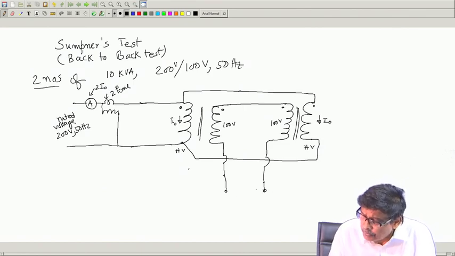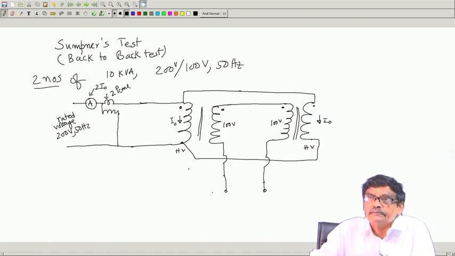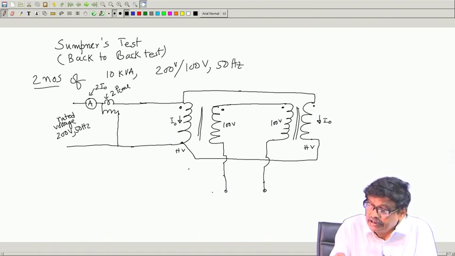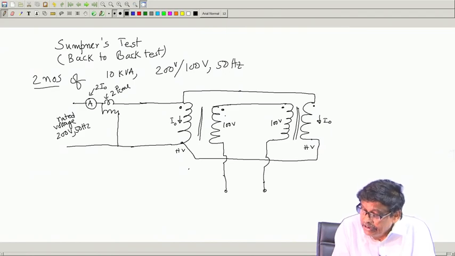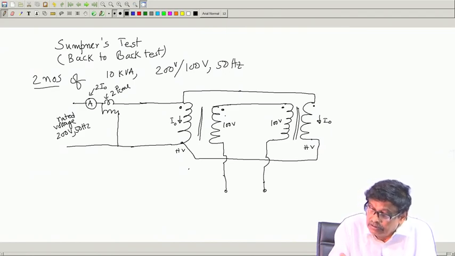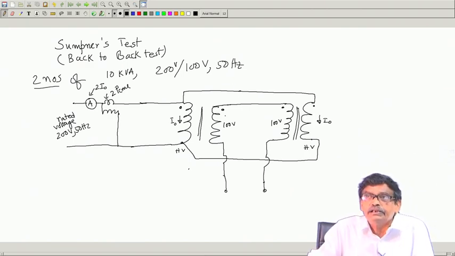If I connect a voltmeter across these two terminals, what will be the reading of the voltmeter? You think a bit and then tell, because the polarities are this is plus, this is plus. So, they are opposing. So, it will be 0 voltage. Although this is connected by a piece of wire, the voltage existing between these two points is 0.